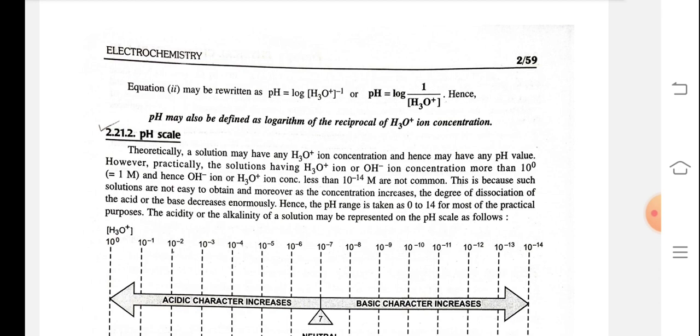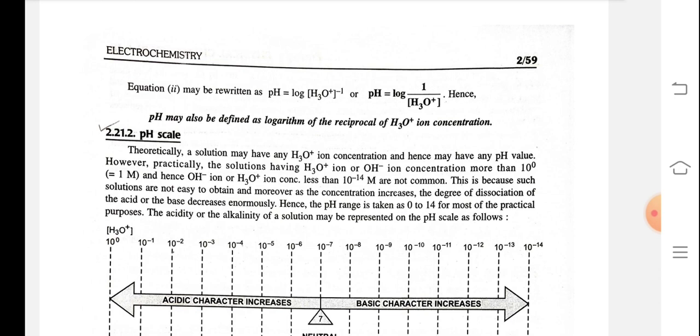This is because such solutions are not easy to obtain, and moreover, as the concentration increases, the degree of dissociation of the acids or the base decreases enormously. Hence, the pH range is taken as 0 to 14 for most practical purposes.